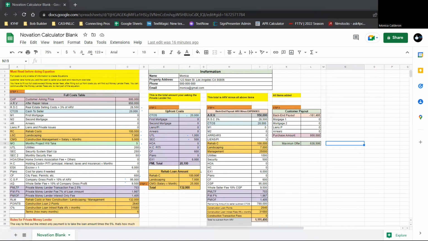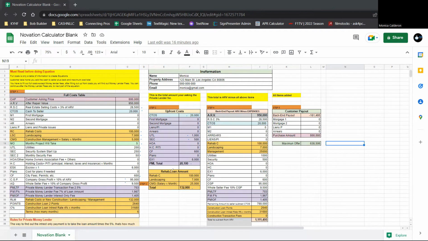And our rehab, landscaping, and management fees will move over to this other orange section we've made here in the upfront costs. And this is also going to give us another lump sum. Okay. So the purple section of the table is the money we're going to need from our private money lender.